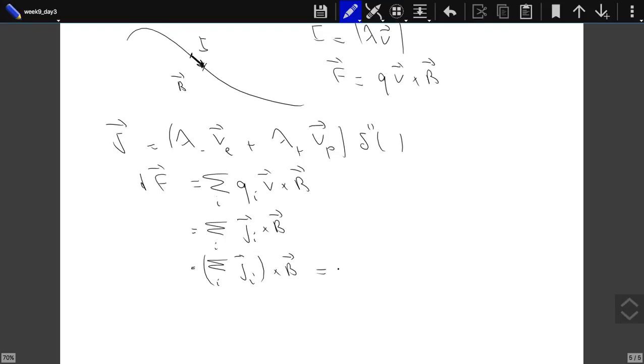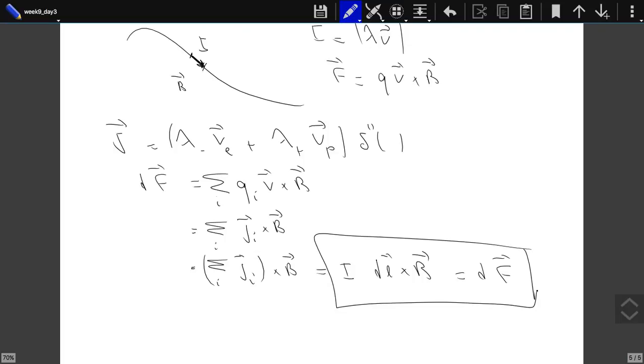lambda, or let me write it in this form, I times dl cross B. Well, I is the number of charges passing through the cross-section of my system per unit time.